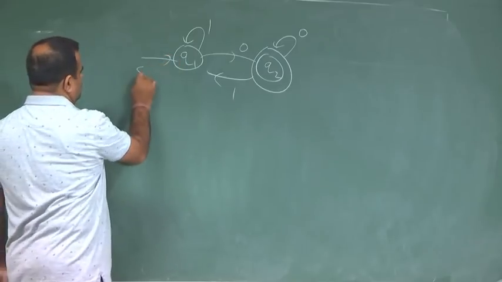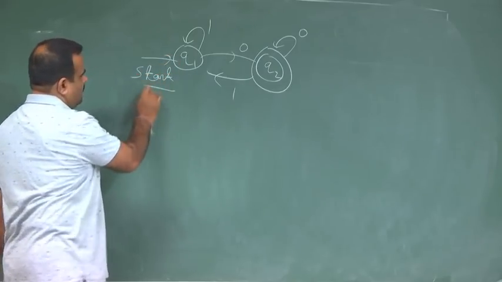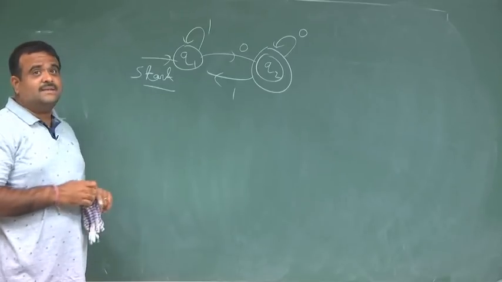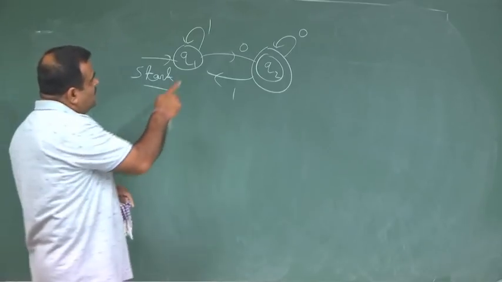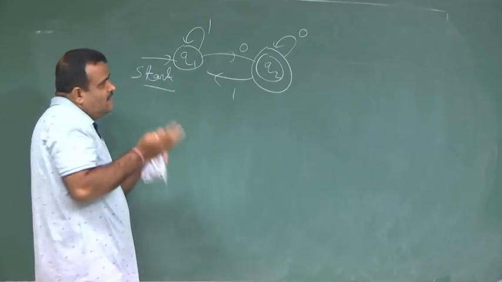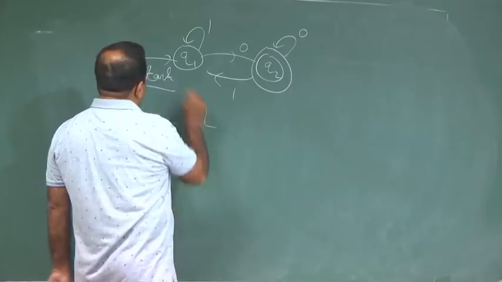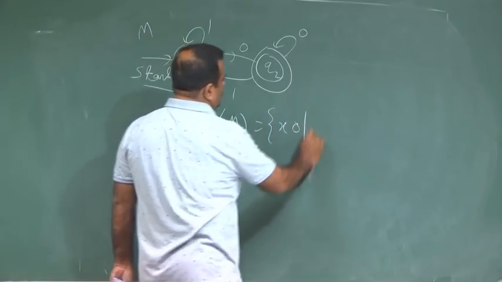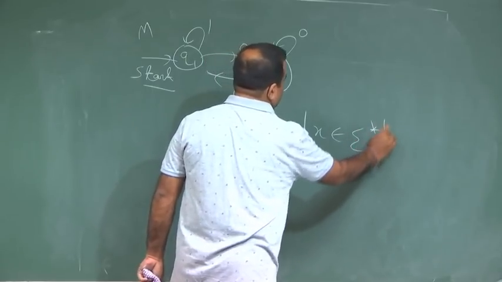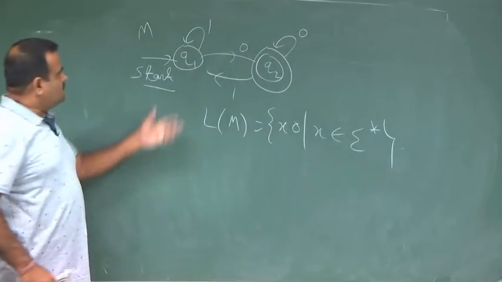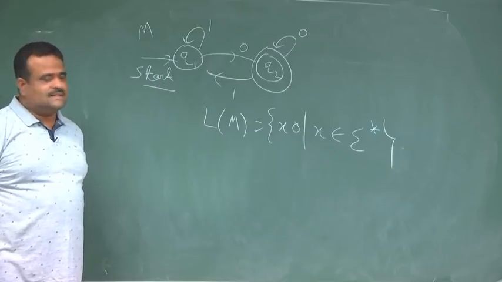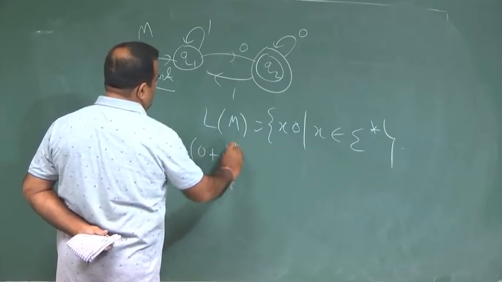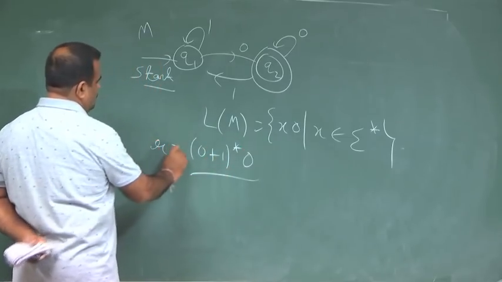This is our starting state and we have one final state. Okay. Now, what is the language accepted by this DFA? We know the language accepted by this DFA is strings ending with 0. So if this is M, L of M is nothing but x 0, where x is any string. So this is any string ending with 0, that is the language, and this we can write as the regular expression 0 plus 1 star 0. This is our R.